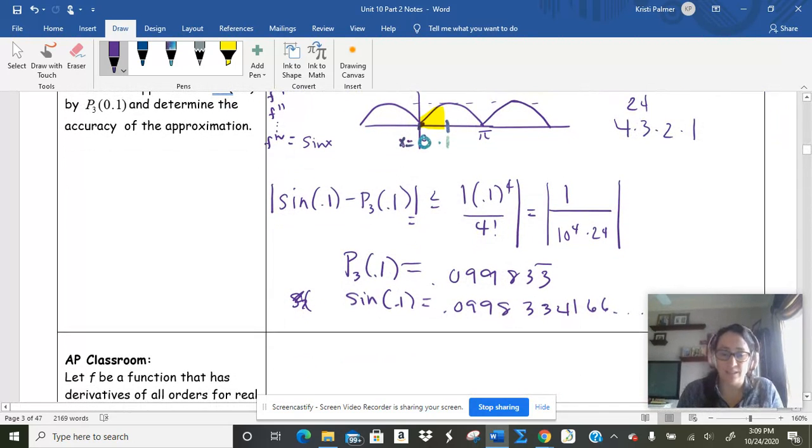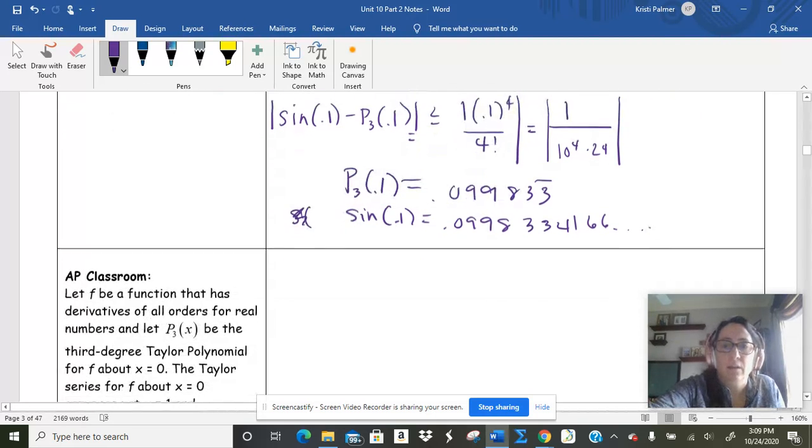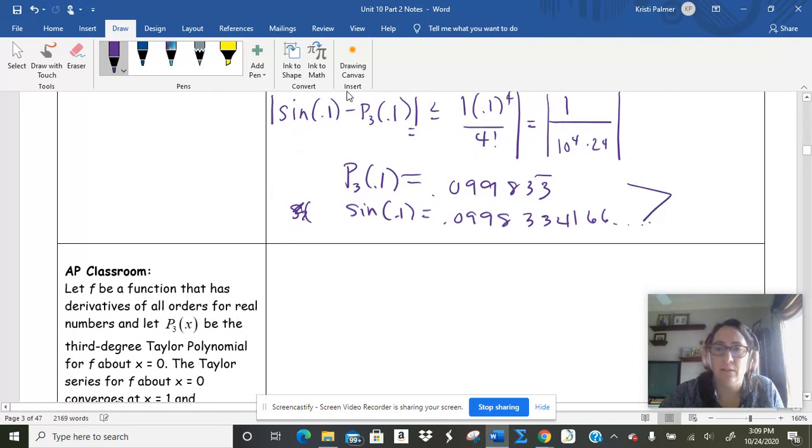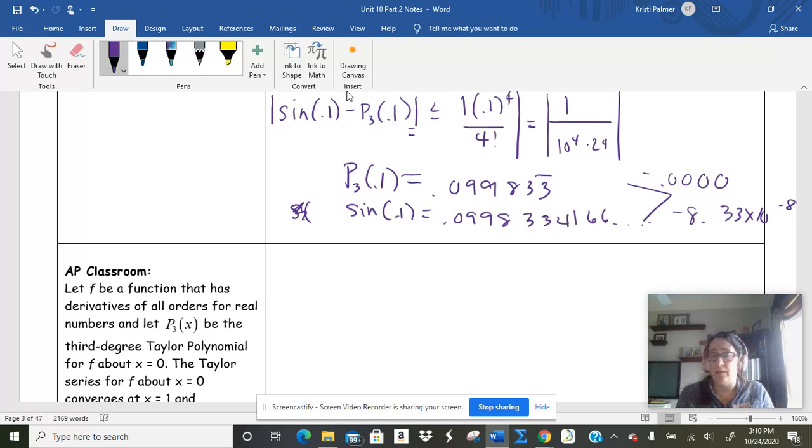And so when you see the difference of those, so minus the sine of 0.1, you're going to see that that difference is negative, well, here, my calculator said negative 8.33 times 10 to the negative 8. So it's a really super small error that you have.